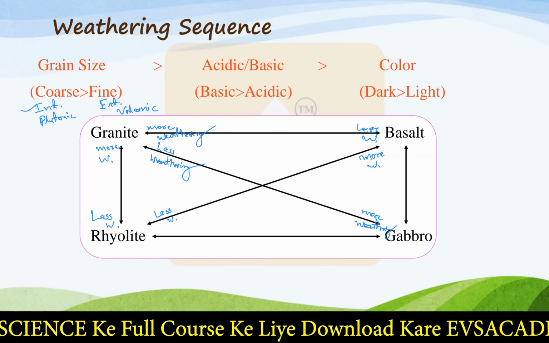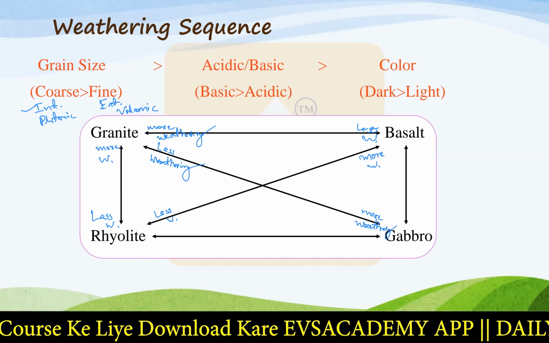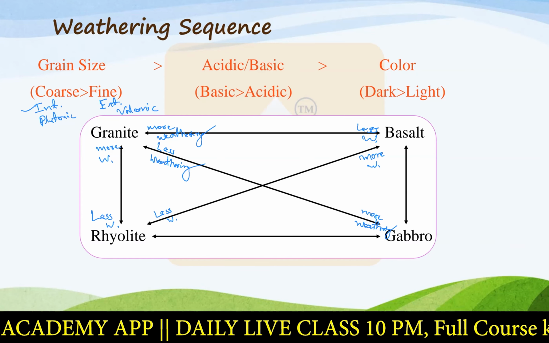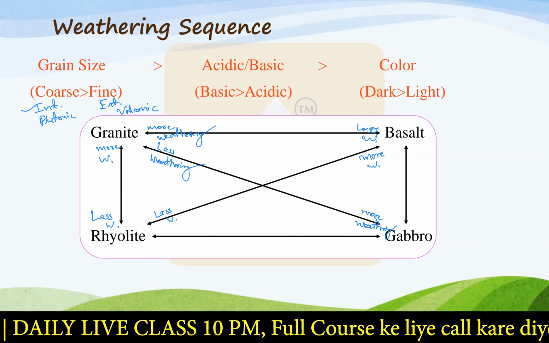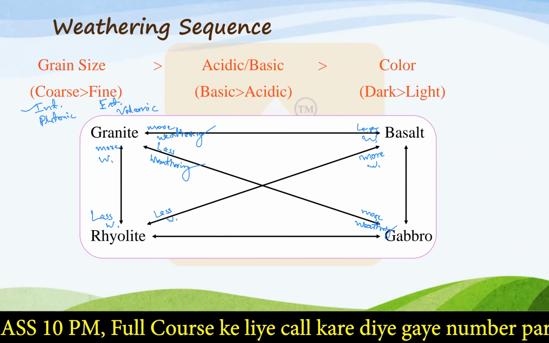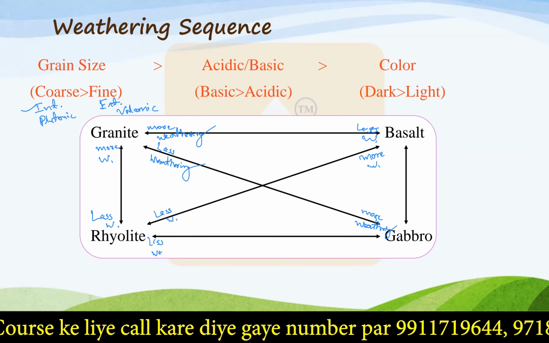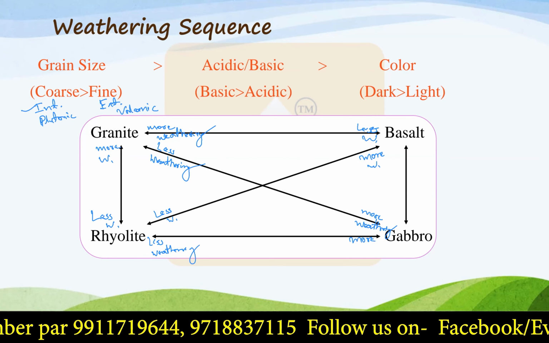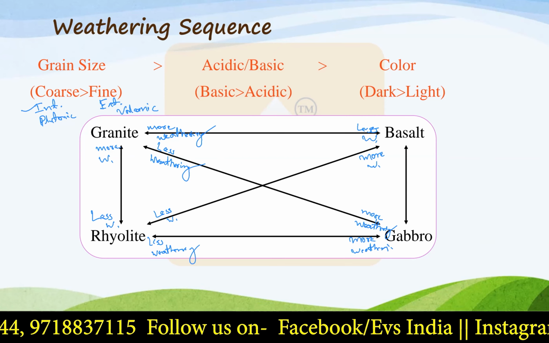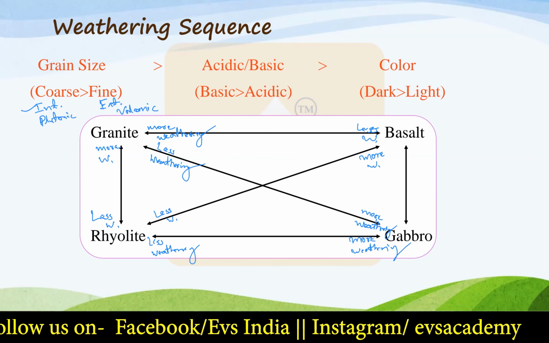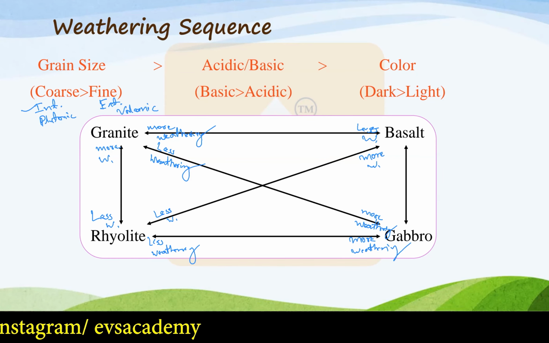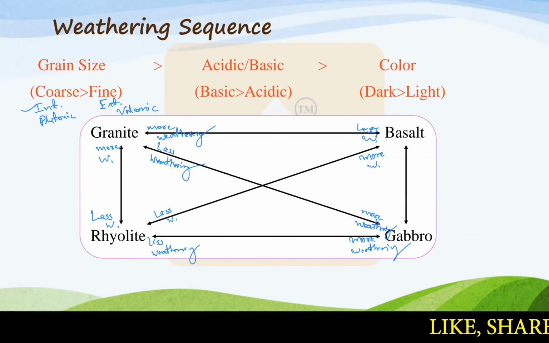So in this scenario, the rhyolite will have fine grain, so rhyolite will have the less weathering, while this will have the more weathering. Because gabbro here is a kind of intrusive rock. Intrusive means which is a kind of coarse grain. So coarse grain will be more weathered as compared to the fine grain. Fine grain is the rhyolite. This is the relationship between them.